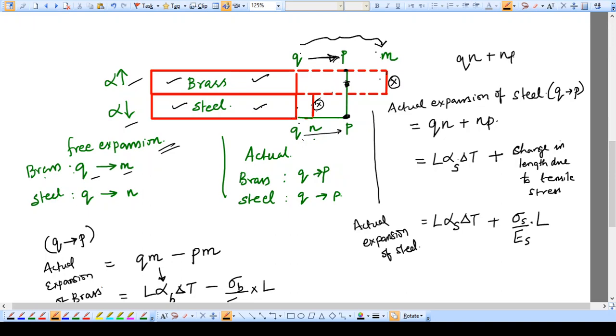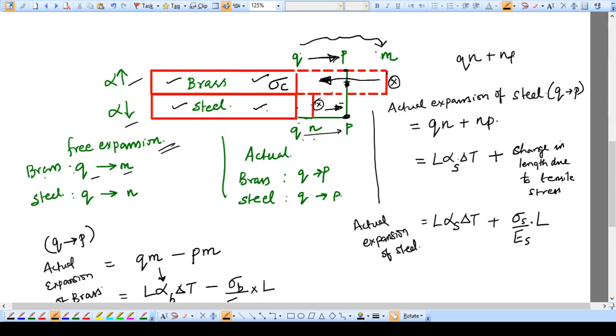So this part has to go inside. So what happens is, in brass, a compressive stress is induced. Here in the case of steel, the free expansion is up to the point N, but in the actual case it goes up to the point P. So this part has to elongate like this. So this is possible only when a tensile stress acts on the steel member.